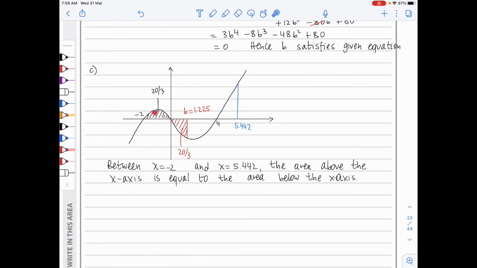So this part and this part added up are equal to the part below.